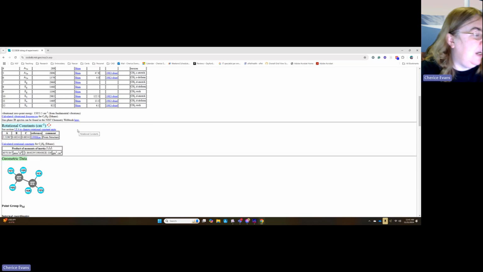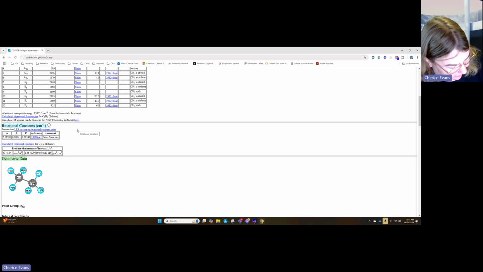And then the rotational constants, which is what I need. So I have A equals 2.51967 centimeters to the minus 1. B equals 0.68341 centimeters to the minus 1. C equals the same as B.